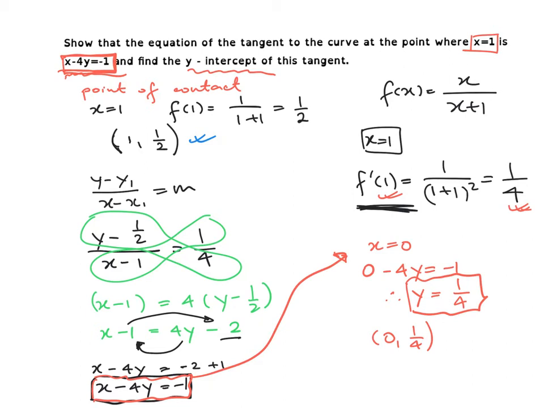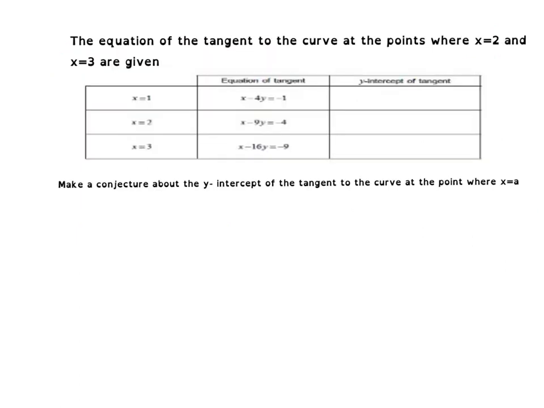Let's go next. First, we had to show that the equation of the tangent is equal to this when x is equal to 1. Let's see what we have next. The equation of the tangent to the curve at the points where x is equal to 2 and x is equal to 3 are given.